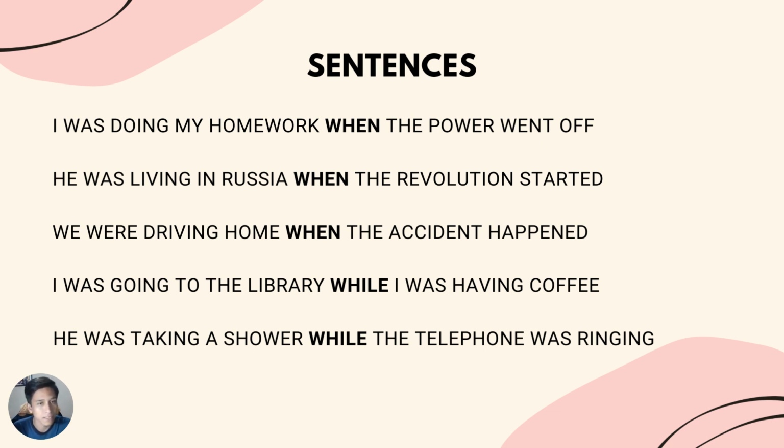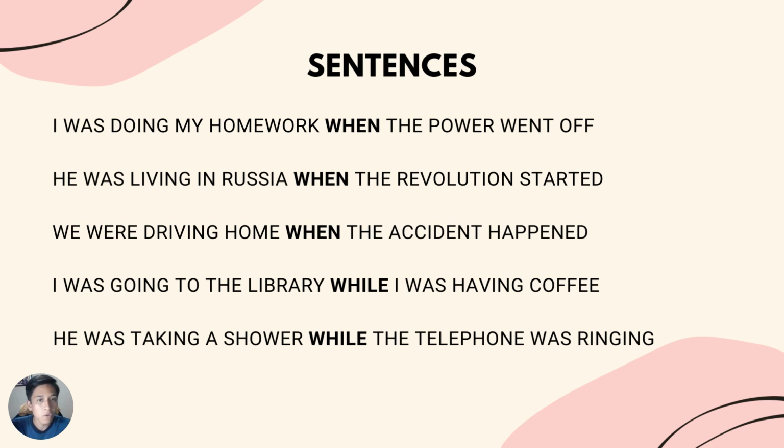As I said, we use the time marker when an action is interrupting another one. In this case, the fact that the power went off interrupted me when I was doing my homework. Another one, he was living in Russia when the revolution started.